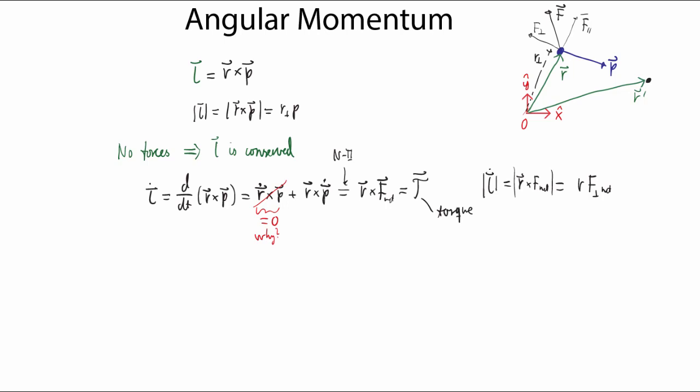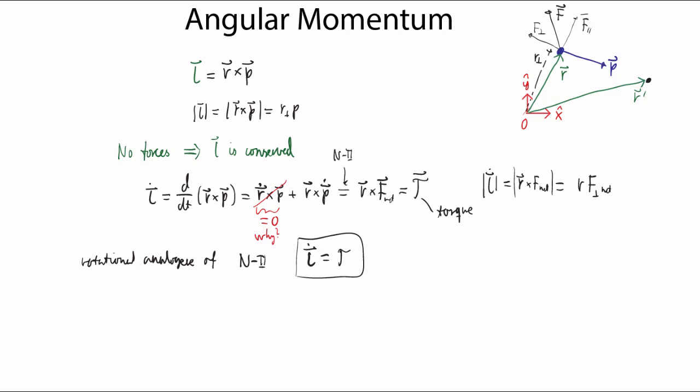So this is the net torque that's acting on the particle. This is now the rotational analog, in some sense, of Newton's second law: L dot equals the torque, which of course also means that if there is no torque, then the angular momentum is constant.